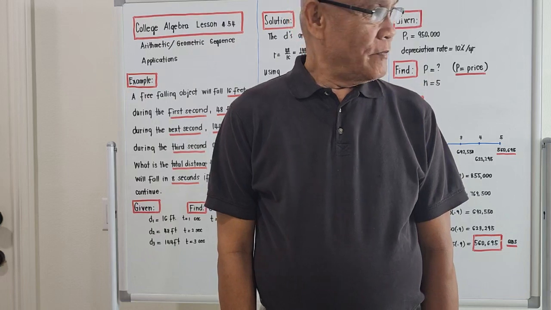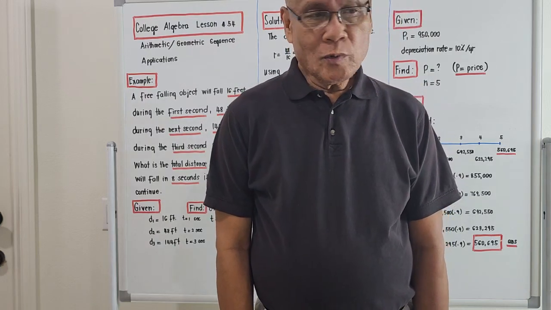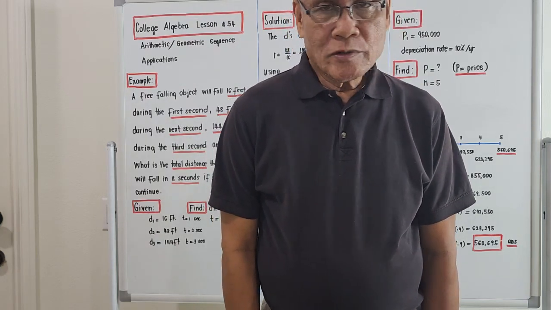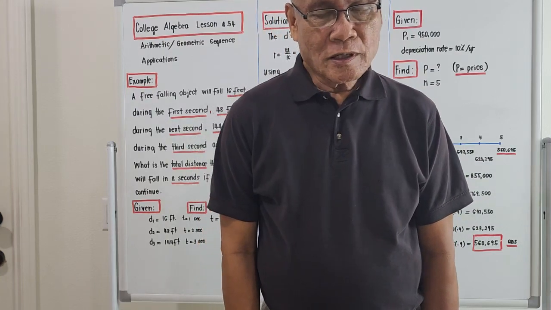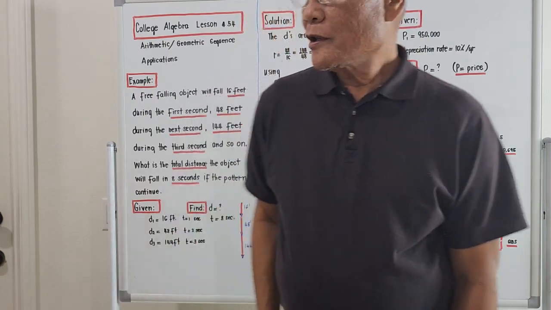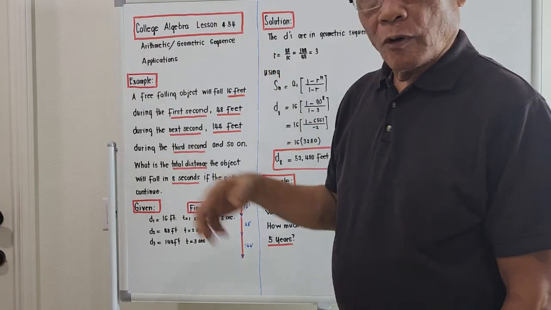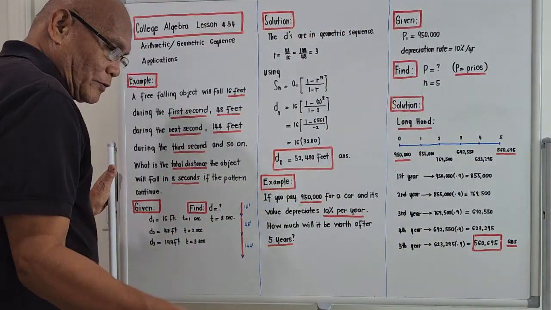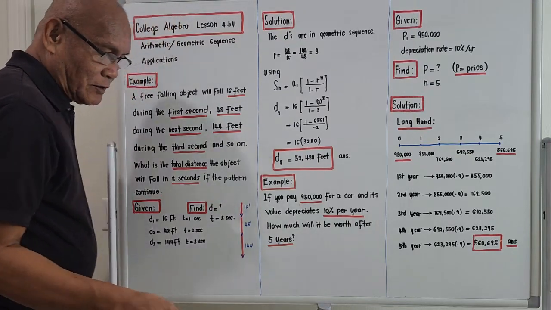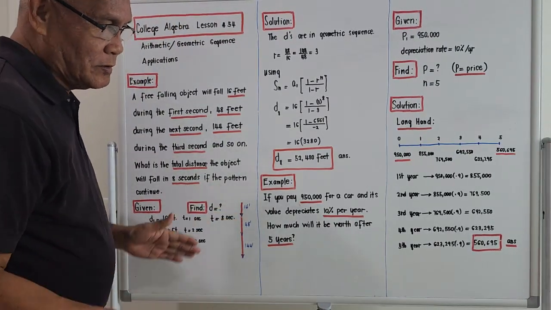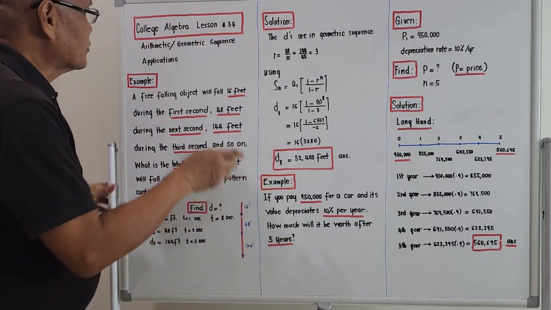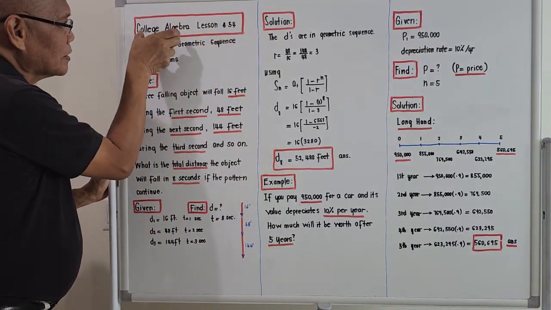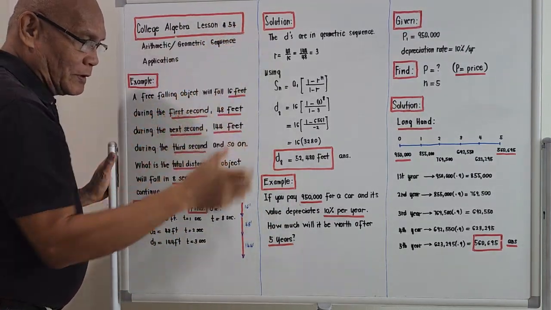Okay. My topic for this morning will be a long video format discussion on college algebra, and this will now be lesson number 54. Okay, let's proceed. For those of you who are following my college algebra long video format discussion, we are now on lesson number 54.